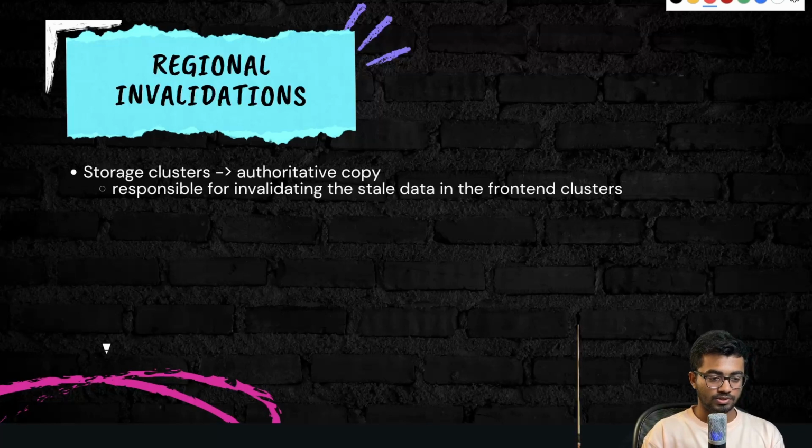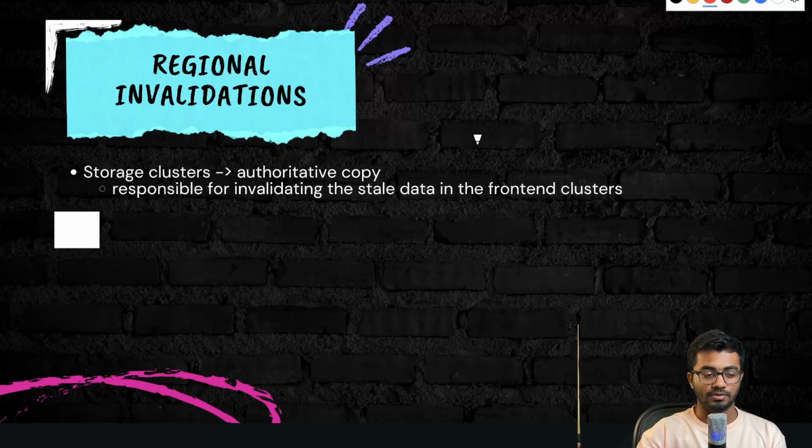The storage clusters are the authoritative copy that we discussed. As in the first slide, the database is the authoritative copy, and the cache is deriving the values from the database, right? So it is responsible for invalidating the stale data in the front-end clusters. The front-end clusters have Memcache servers, so the authoritative copy, the storage cluster in this case, is also responsible for clearing off the stale data.